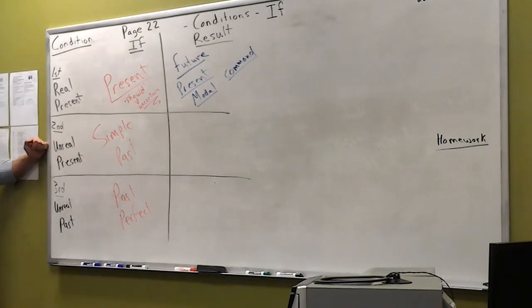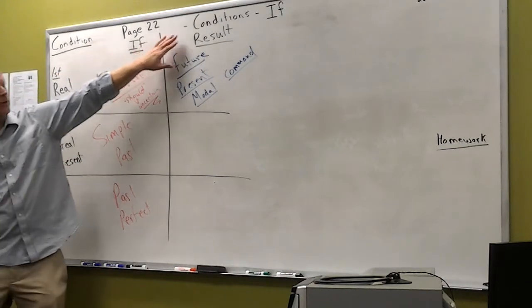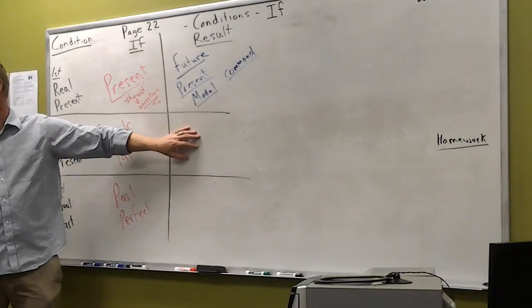Now let's jump down to second class, unreal in the present. So you're still talking about a condition right now, but it's not real. It's a fake situation compared to the truth. So again, simple past in the if clause. And then over here, what's the formula for this?